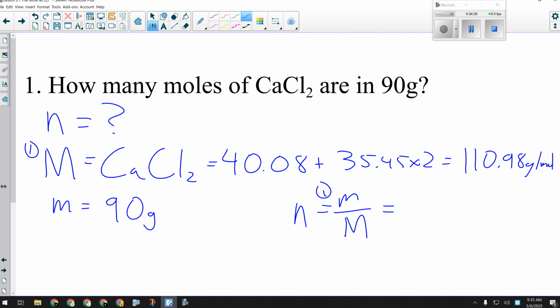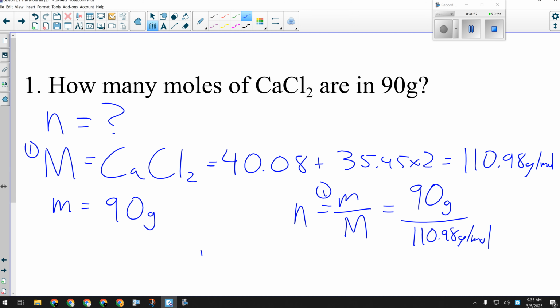So that would be 90 grams, that was what little m was, divided by 110.98, that's what big M was, in grams per mole. You wouldn't get an additional mark for this step on a question like this because you didn't have to do any algebra to get here.